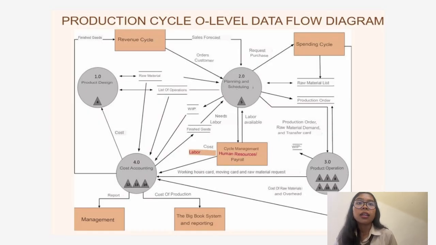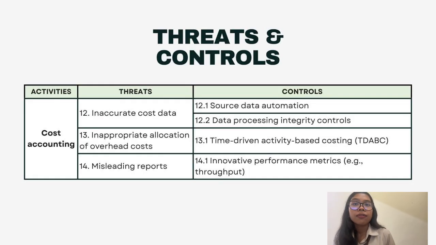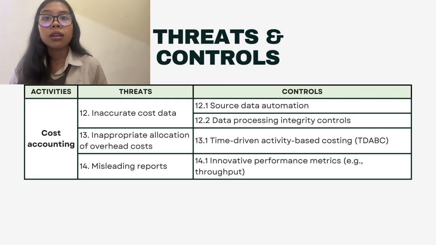This stage involves risks and controls. For the first threat, inaccurate incurred cost data, the control is source data automation and data processing integrity controls.